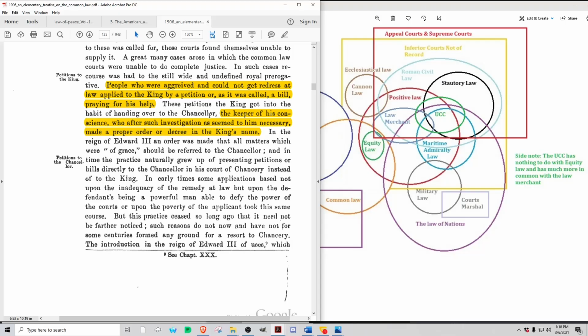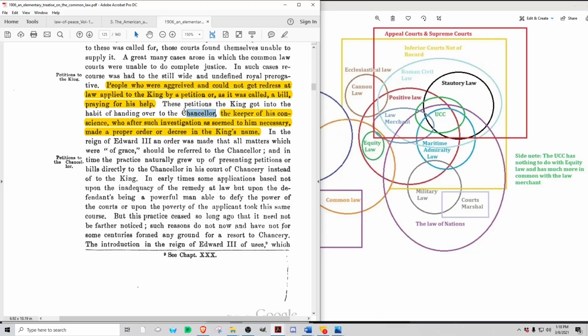So now the attorney's God. Great. Let's see where this goes. The keeper of his conscience. Right. So the king gives his conscience to an attorney who keeps it, I guess. Yeah. Who, after such investigation has seemed to him necessary, made a proper order or decree in the king's name.